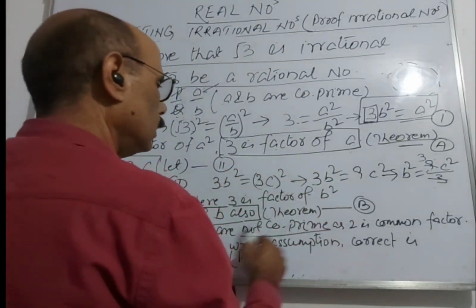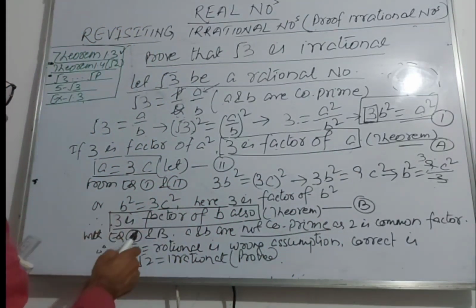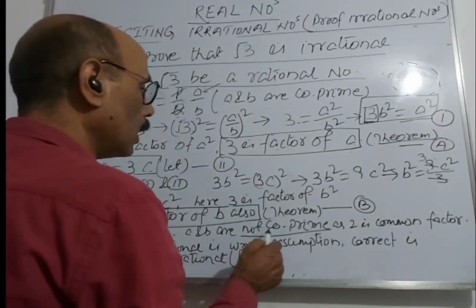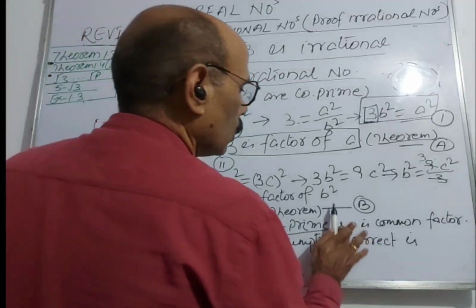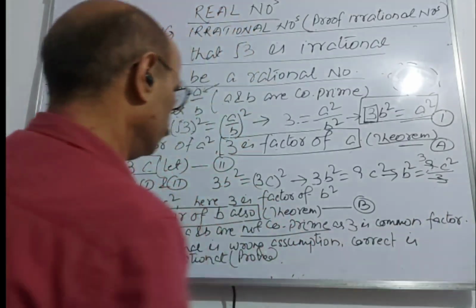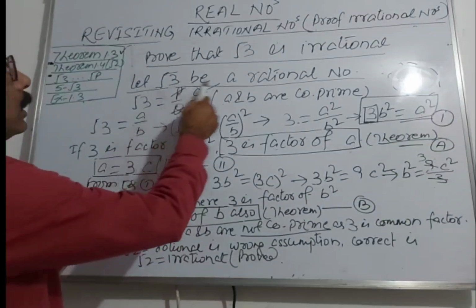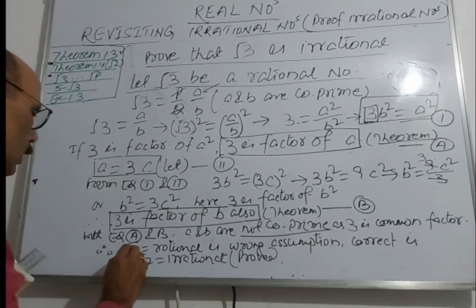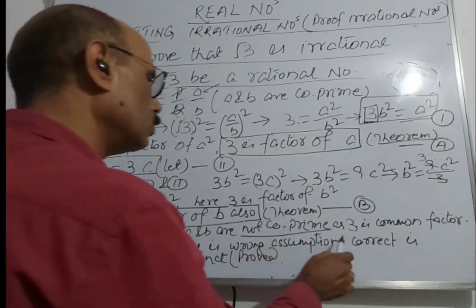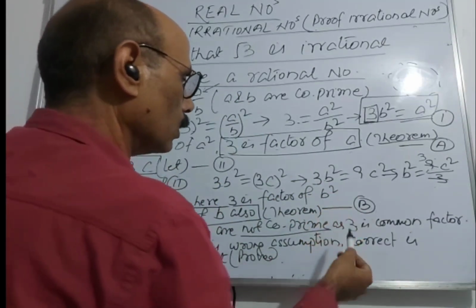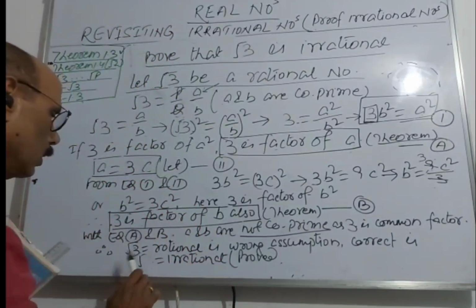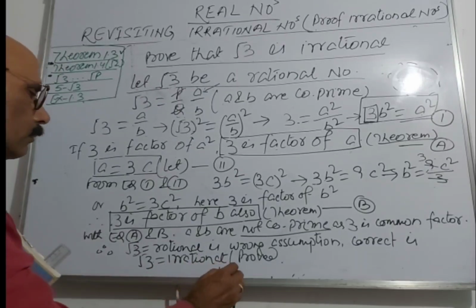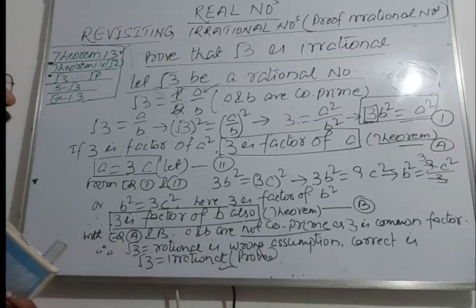Earlier 3 is a factor of A, and now 3 is a factor of B. With these two equations, A and B are not co-prime because 3 is a common factor. So the assumption that root 3 is rational is wrong. Irrational is correct.